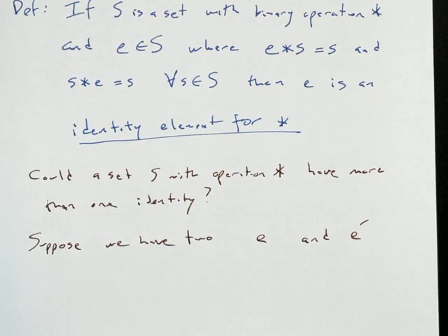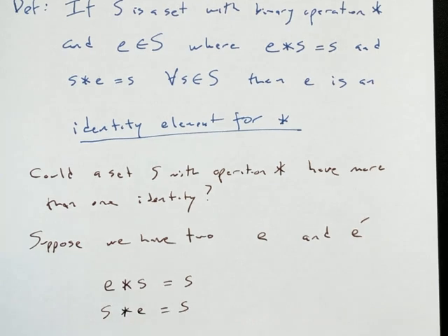E is an identity. So by definition, E multiplied by anything gives me the anything. I also know it works in the other order. I also know it works for E prime.